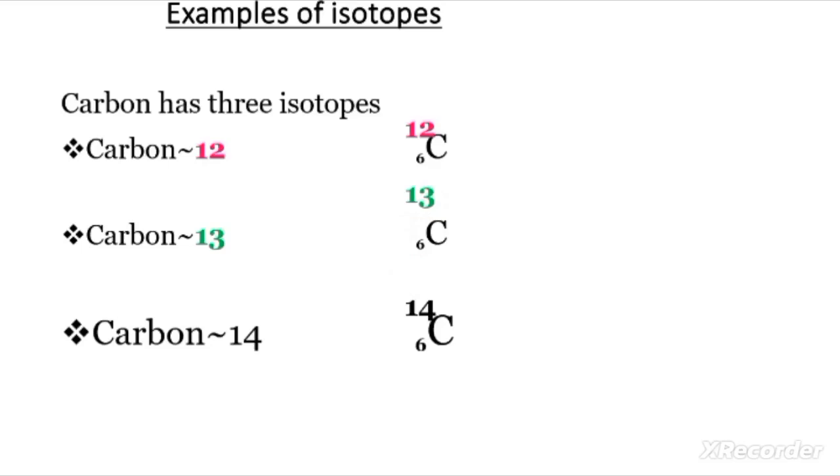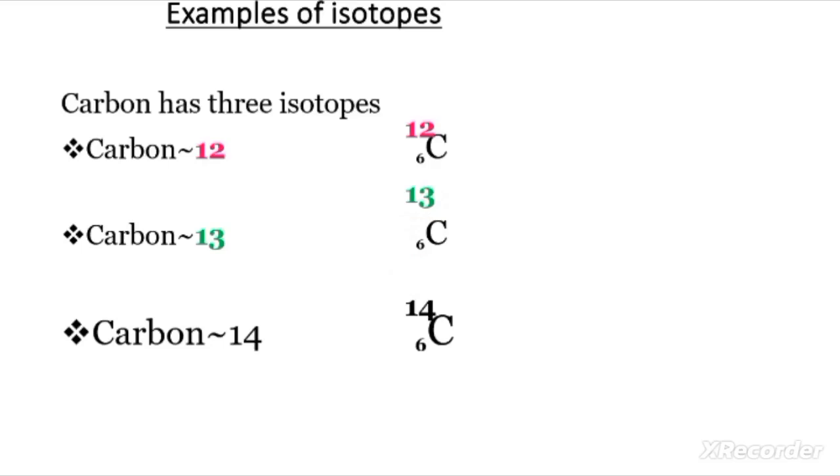How can we know the number of neutrons? Because when defining isotope, we said an isotope is an atom of an element with the same number of protons but different neutrons. So how can we calculate the number of neutrons?